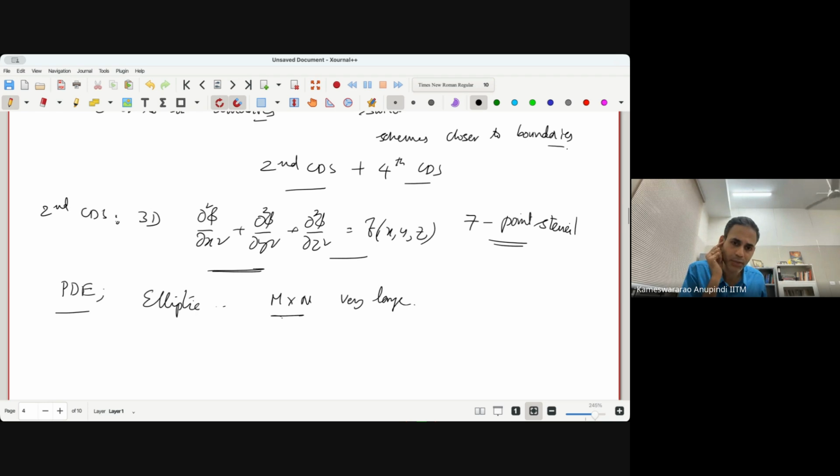With very large values of m and n, it is not a good idea to use direct methods, although direct methods such as the tridiagonal matrix or block tridiagonal matrices are available. It is still advisable to not use direct methods for very large matrices. If you have small size matrices, a few thousands and so on, you can use it.